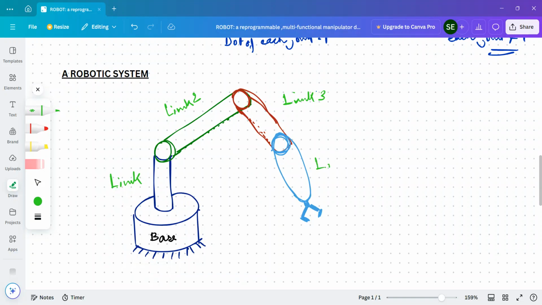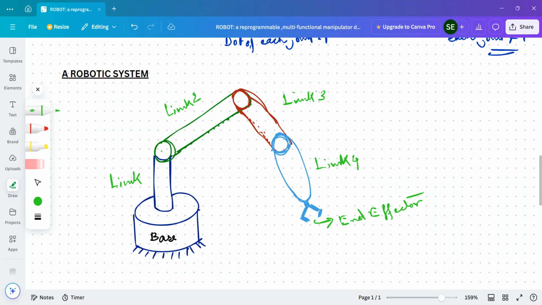This is link 4. And lastly, this is link 5, or you can say this is the end effector. We don't generally say this is link 5. We generally say this is the end effector of the robot. Now we will study in detail about the links and joints later.